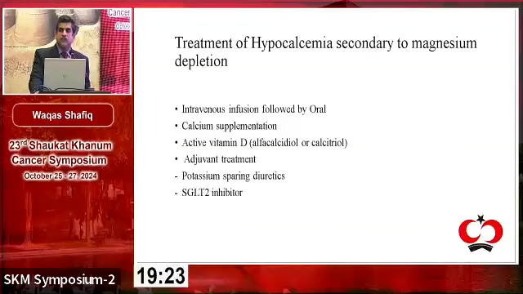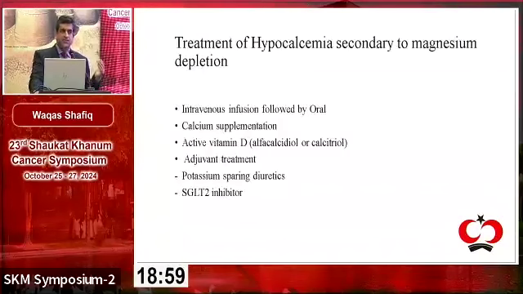Now, these patients present to the hospital mainly secondary to hypocalcemia, because that makes them symptomatic. So one thing we do is give them calcium supplements, either IV or oral, and we also use active vitamin D like alfacalcidol or calcitriol. The benefit with these agents is that they can prevent hospitalization.